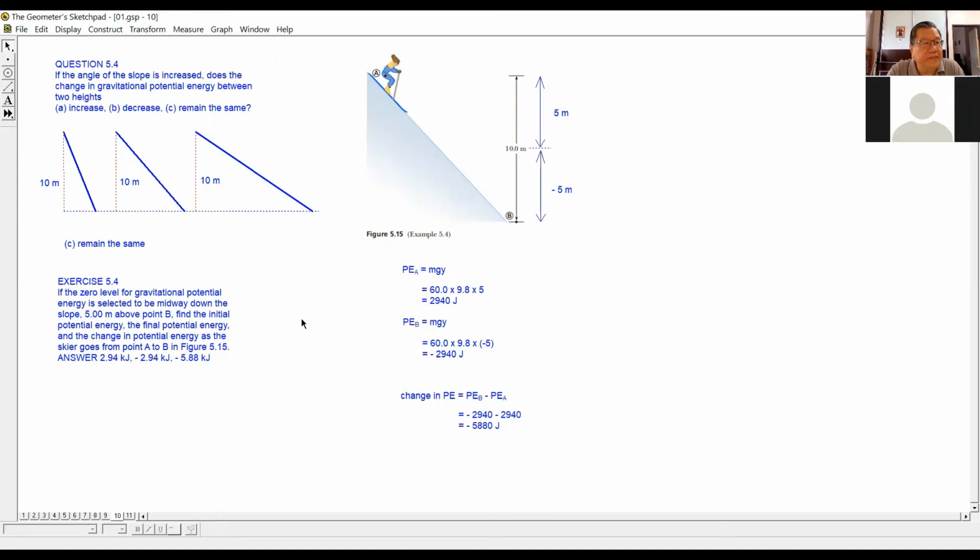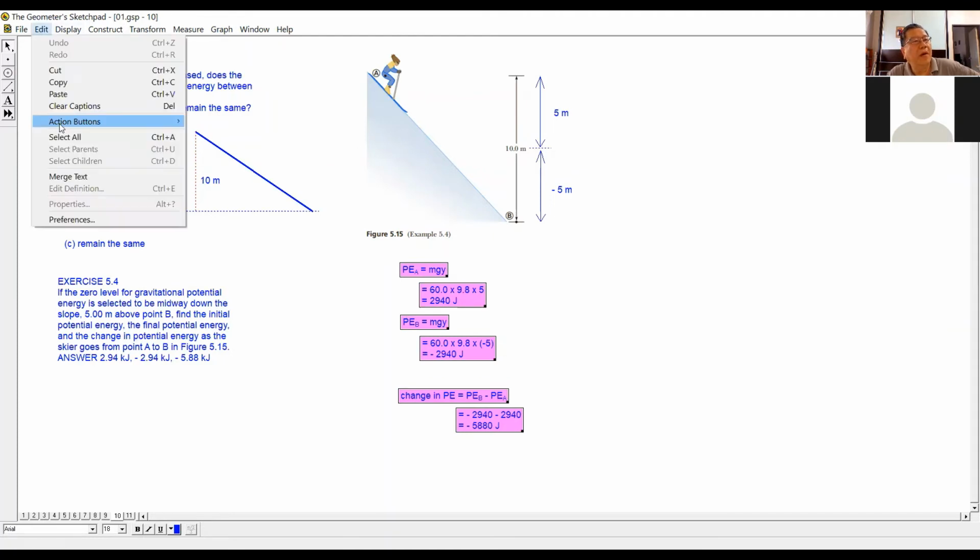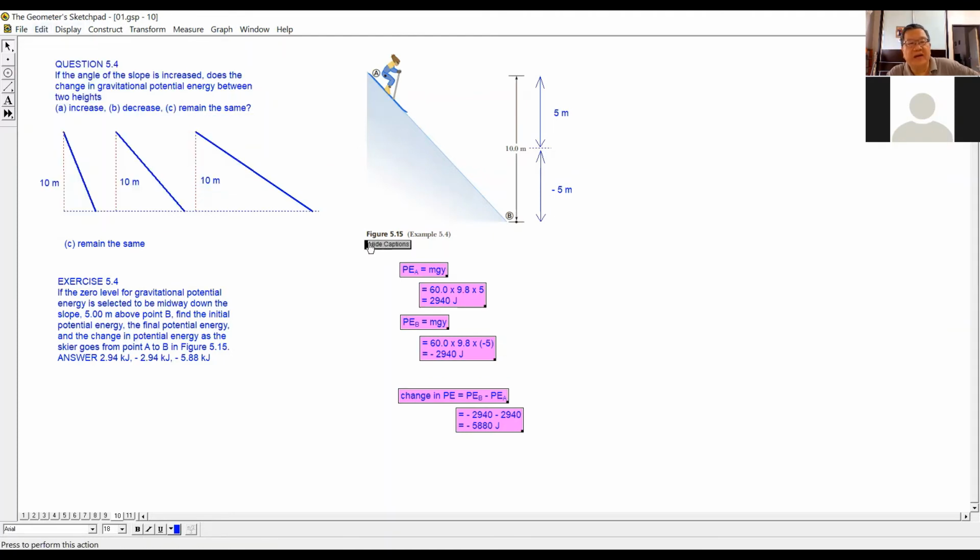Okay, next one, exercise 5.4. If the zero level for gravitational potential energy is selected to be midway down the slope, 5 meters above point B, find the initial potential energy, the final potential energy, and the change in potential energy as the sphere goes from point A to B in figure 5.15. Let's say I hide all the answers and working.